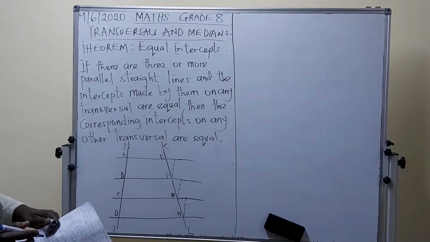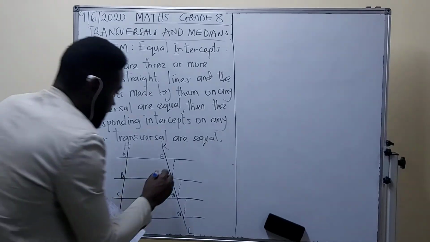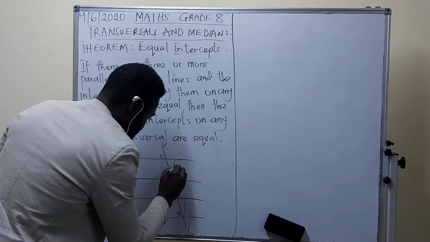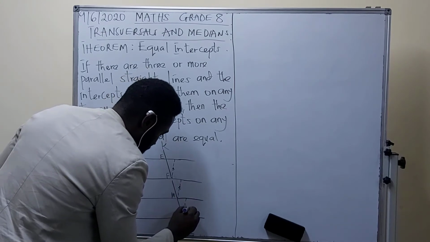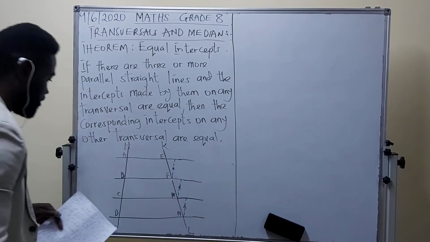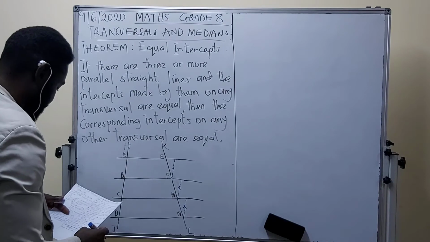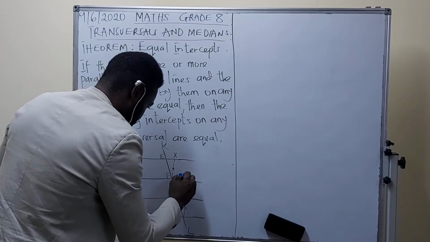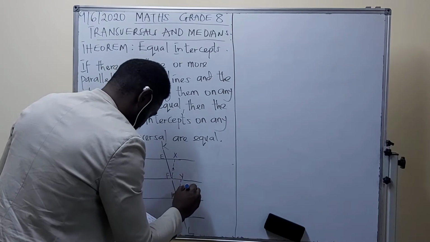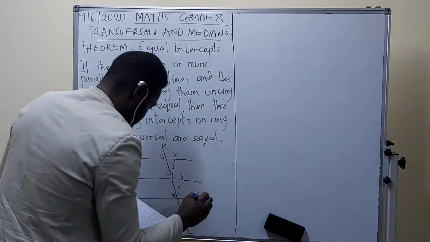So just to make the diagram perfect, so that there will be no mistakes and be able to get the explanation correctly. Okay. So point X, point Y, and point Z.